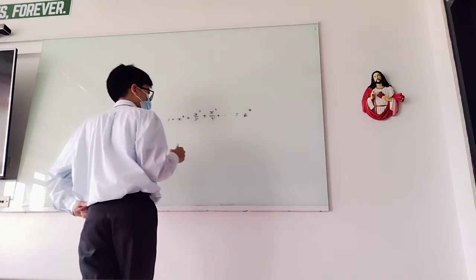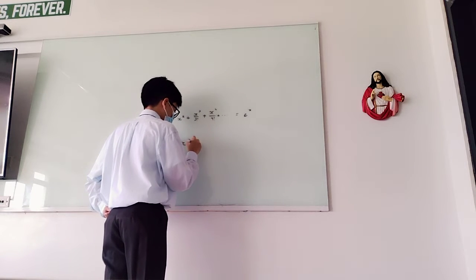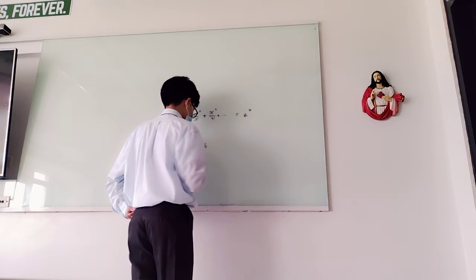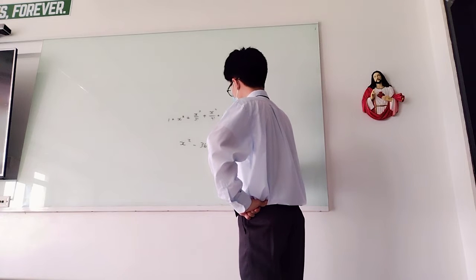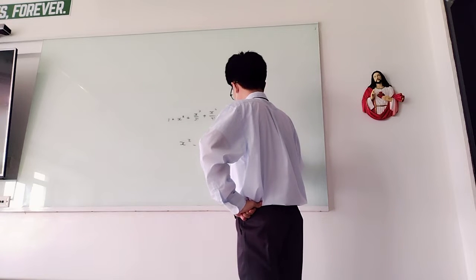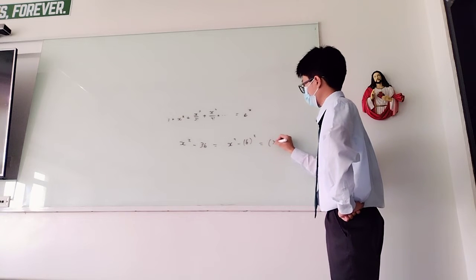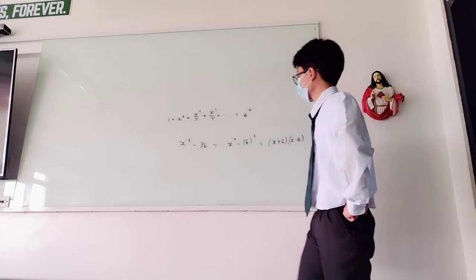Another example of a polynomial is something like x squared minus 36. So this is equivalent to x squared minus 6 squared, and then, difference of 2 squares, x plus 6, x minus 6.